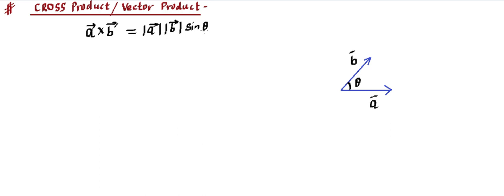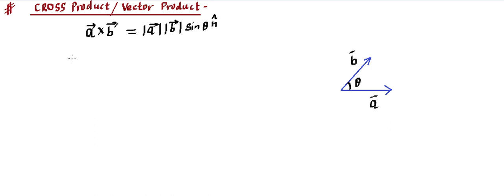So this becomes the magnitude, and with this we need to place a unit vector. Let's say this unit vector is indicated by n cap, or you can call it eta cap. Now to make it simpler, we will call it n cap. Sometimes we can also use eta cap. So this n cap is the direction, and this entire stuff is the magnitude.